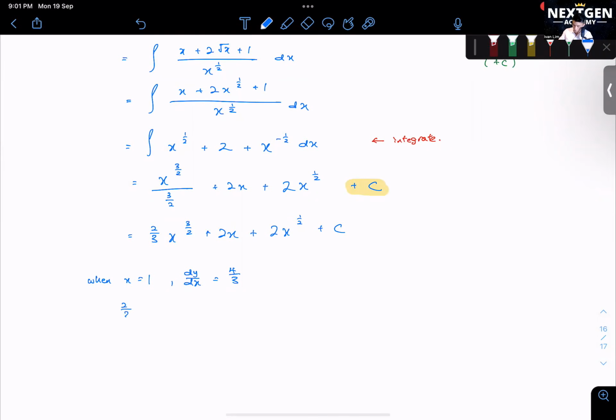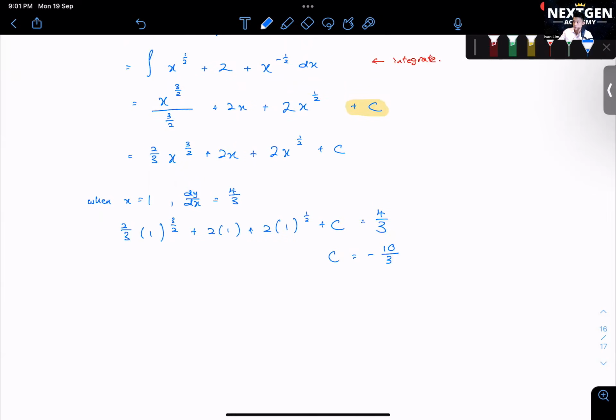So 2 over 3, 1 to the power of 3 over 2 plus 2 times 1 plus 2 times 1 over 2 plus c equals to dy over dx, which is 4 over 3. Rearrange the entire equation, you will get c equals to negative 10 over 3. Okay, so this is your dy over dx value first.